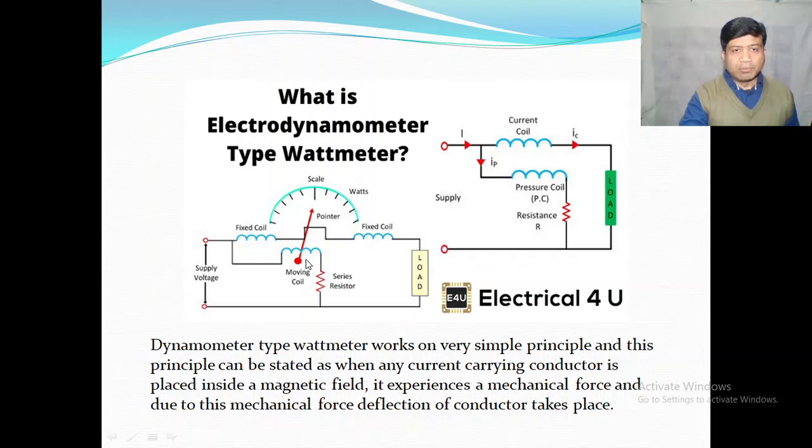Whenever this moving coil moves, the pointer moves along with it, and it shows the deflection, the reading of the power on the scale.